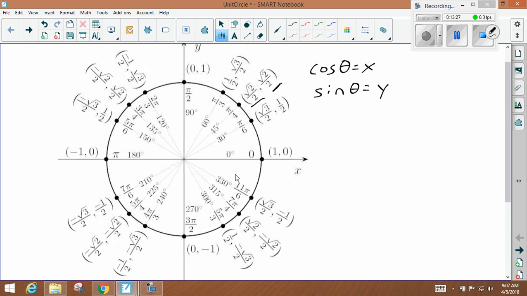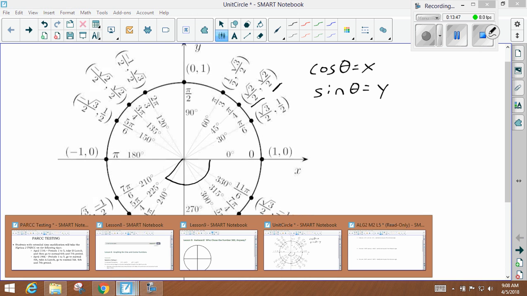So there's 90, right? And then 45, so that puts me right there, which is at 225. So cosine is going to be negative root 2 over 2, and sine is going to be negative root 2 over 2.